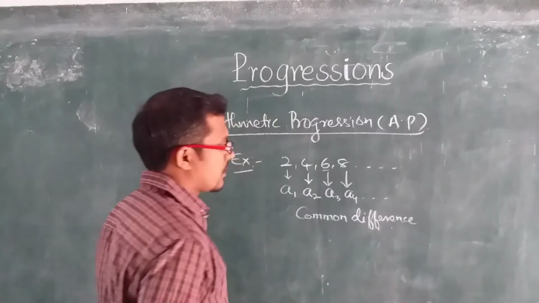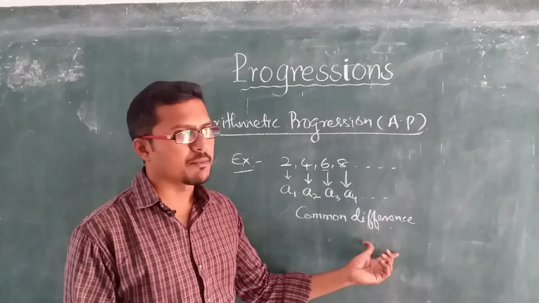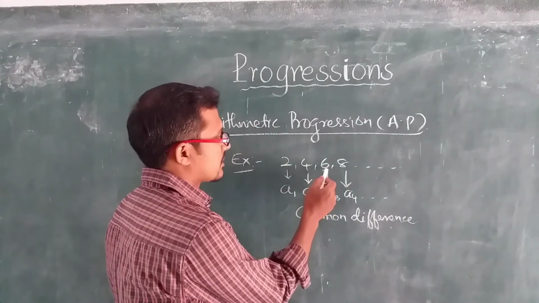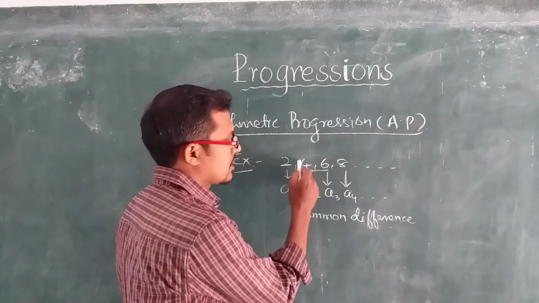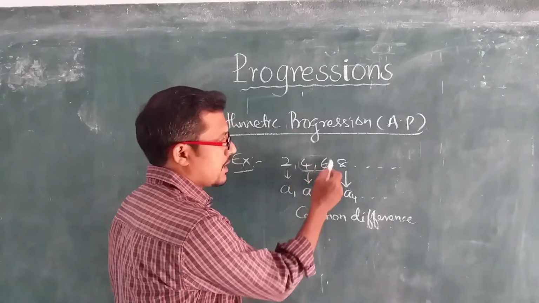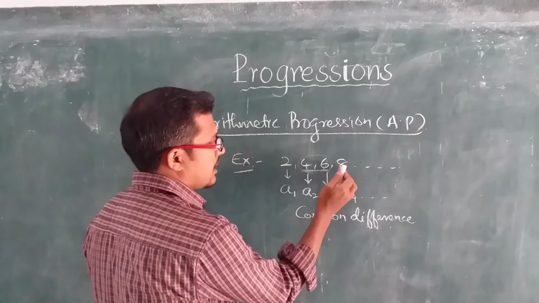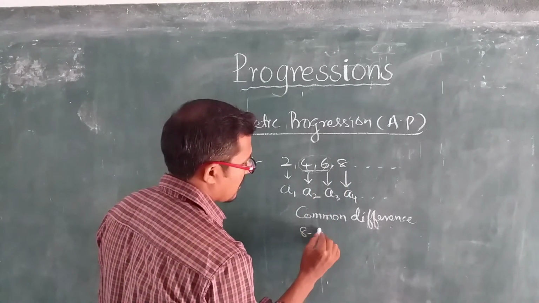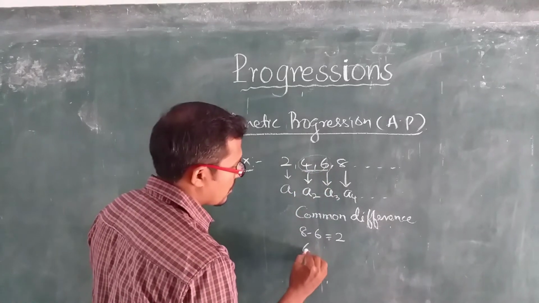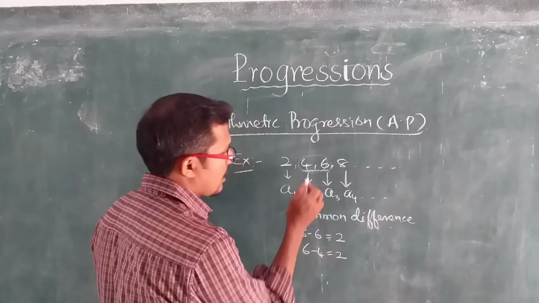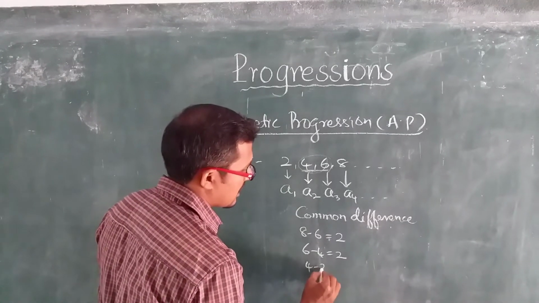Why do we call it a common difference? Because the subtraction of every 2 consecutive numbers gives the same number. For example, 8 minus 6 is 2, 6 minus 4 is 2, 4 minus 2 is also 2.